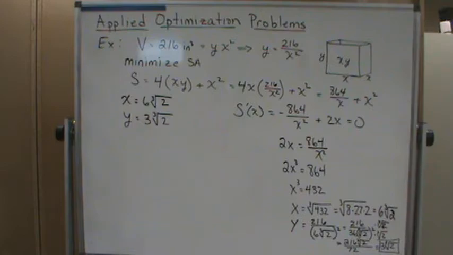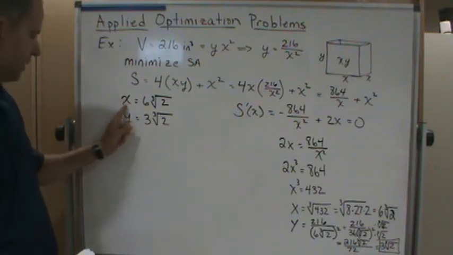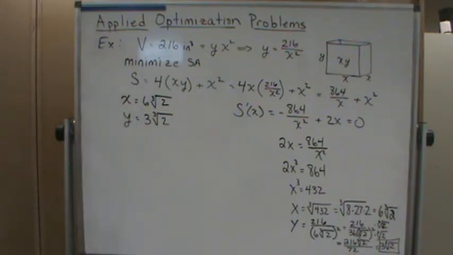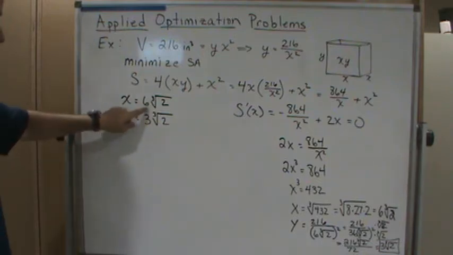Now, since this is the only critical point of S, it has to be the absolute minimum. So the absolute minimum must occur here.